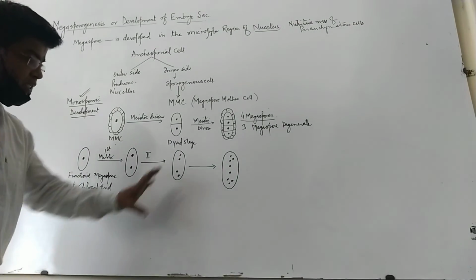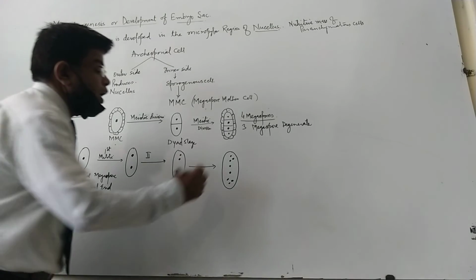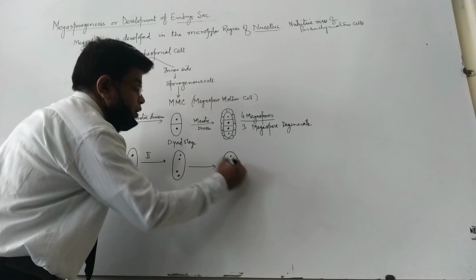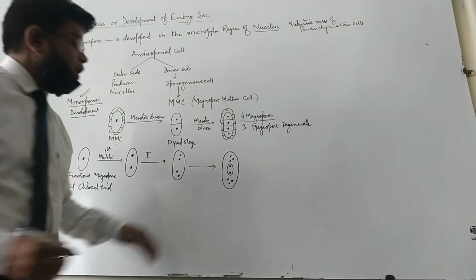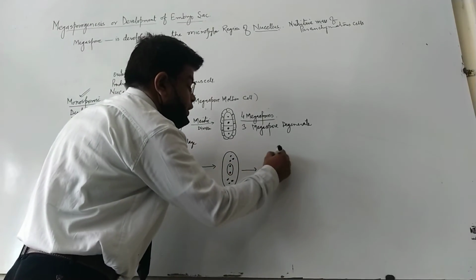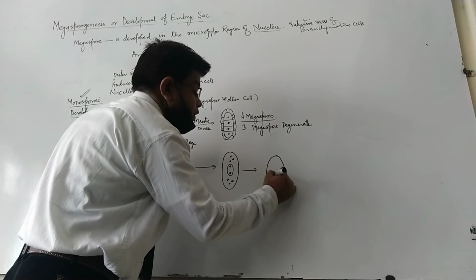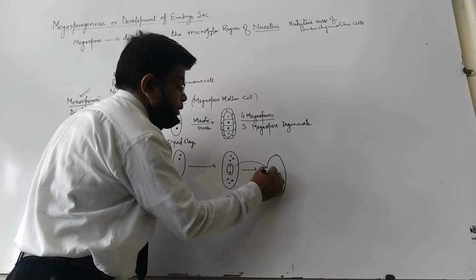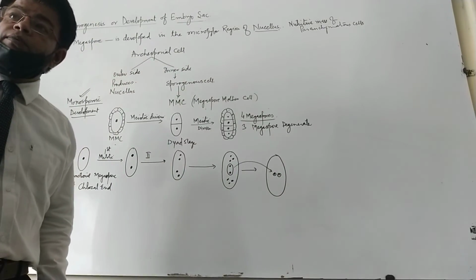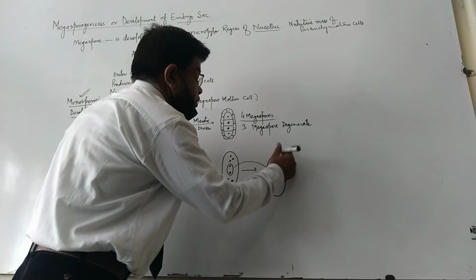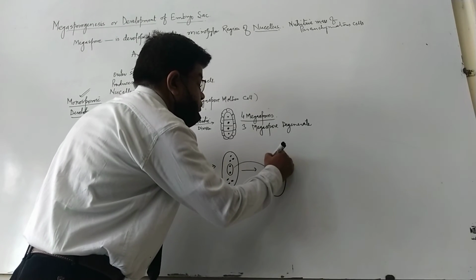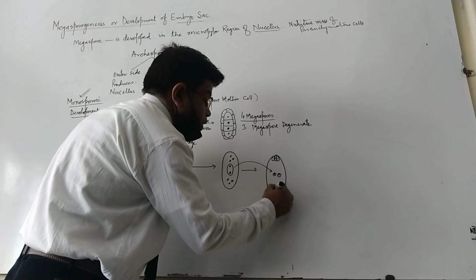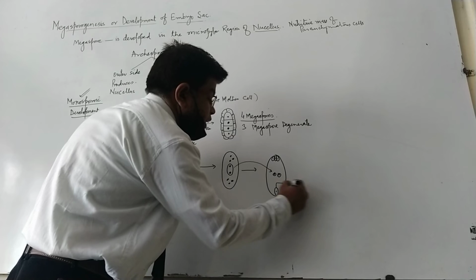Now what happens? Of these 8 nuclei, one each from the group develops into polar nuclei. Here 3 antipodal cells are produced, and towards the micropylar end 1 central egg cell.